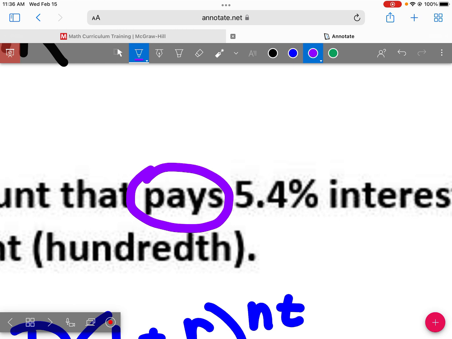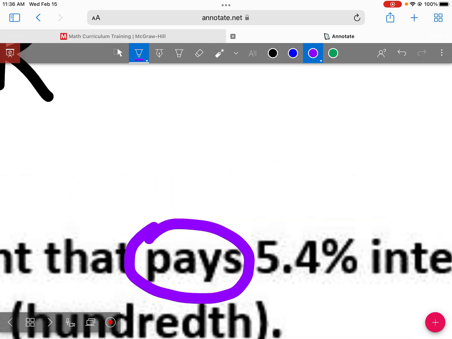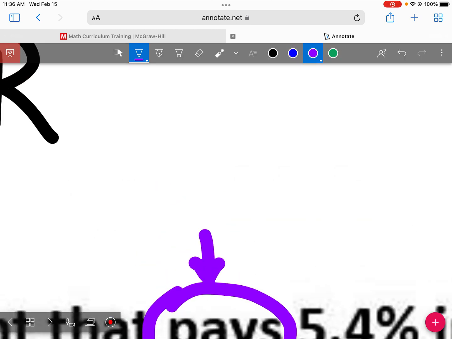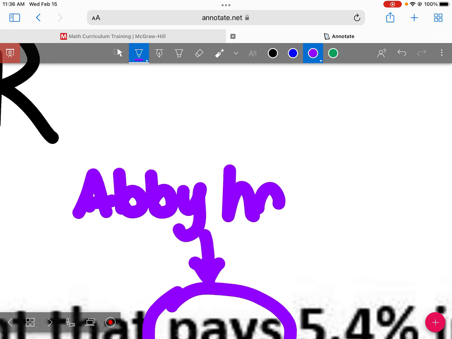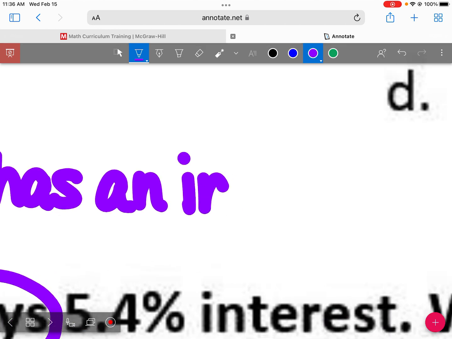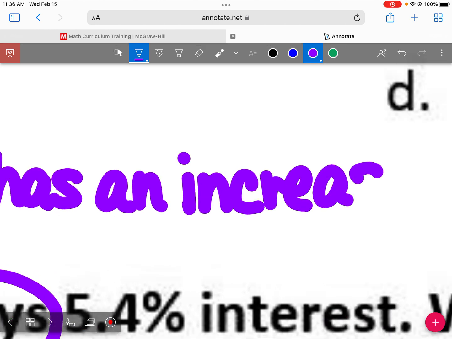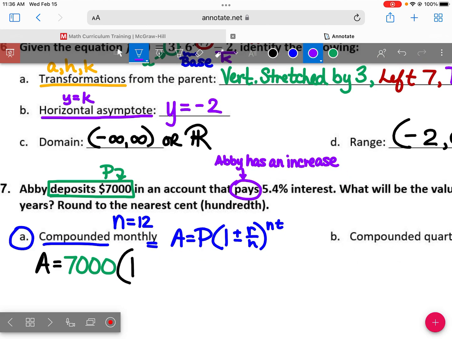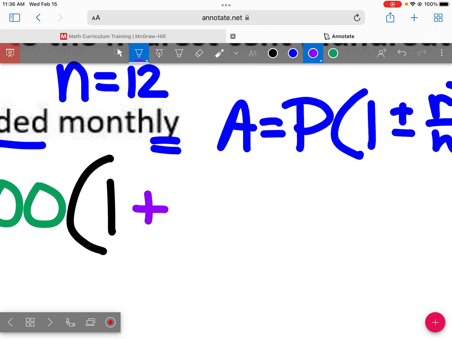If someone is paying Abby, her amount goes up, right? This is telling me that Abby has an increase. So I know it's going to be a plus here.